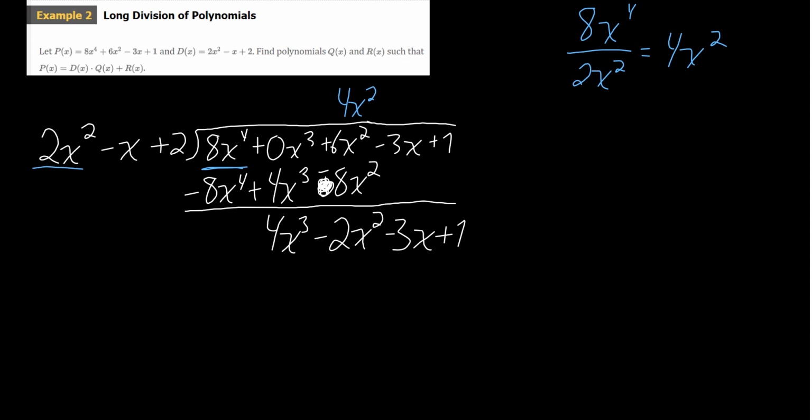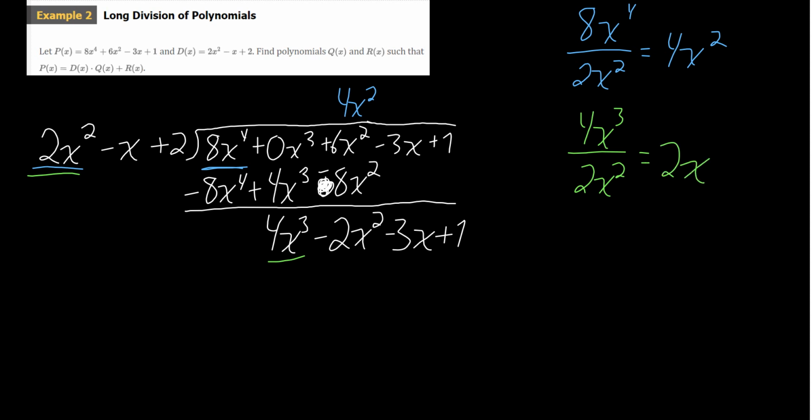All right, let's do it again. We're looking at this term and this term again. It's always the first term. So we'll have 4x cubed divided by 2x squared, and that gives me a 2x.